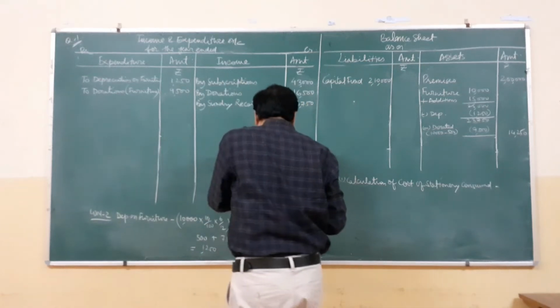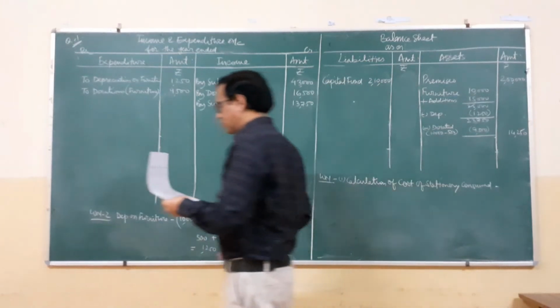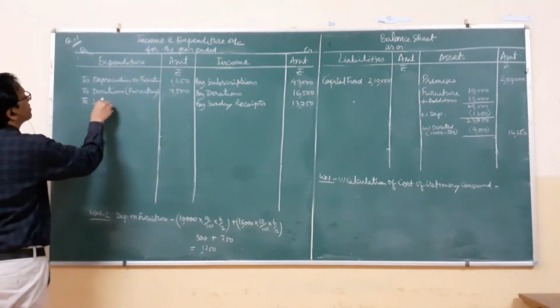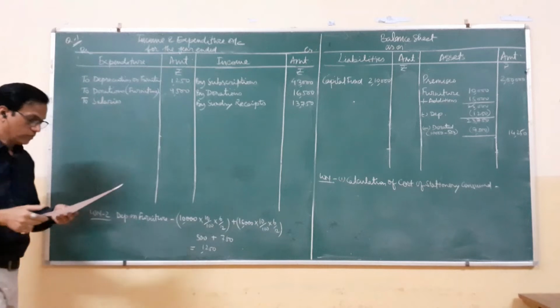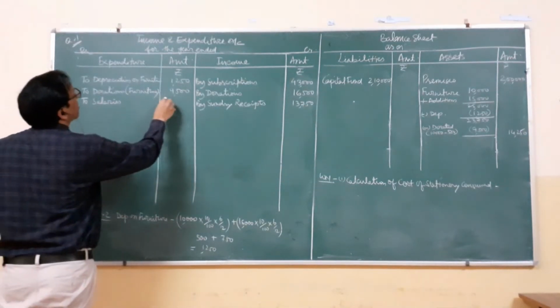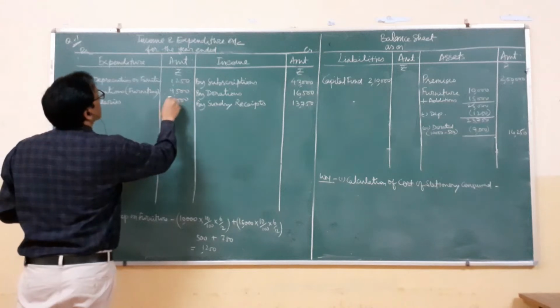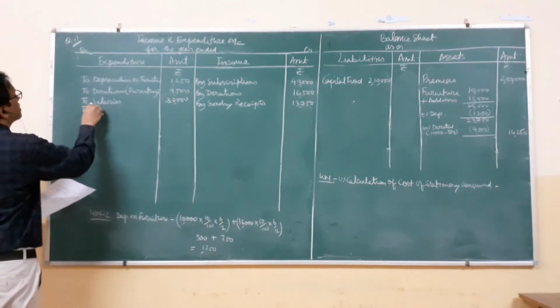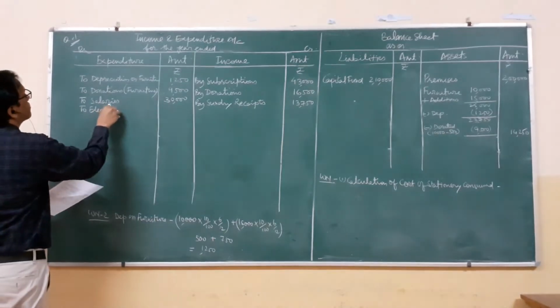Then on the payment side, by salaries. We'll check if any adjustment is given for it. Salary, nothing is mentioned. So salaries, 30,000. Then electricity charges, nothing is mentioned for it also.